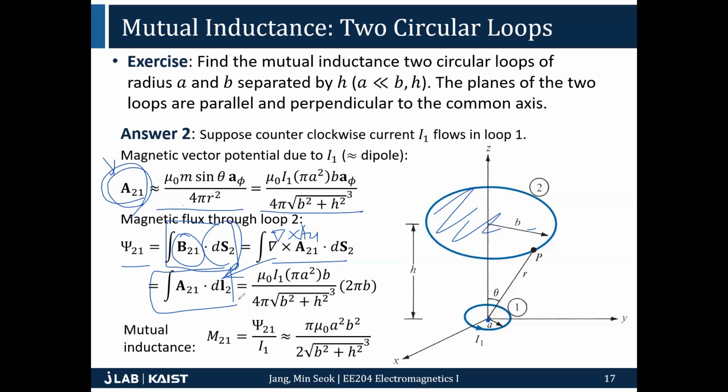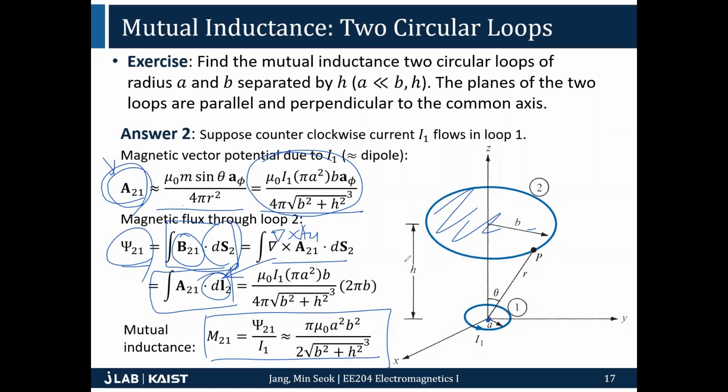So A dot dl, and A is given, and dl is given. So in this case, you can easily evaluate psi 2-1, and you get to the same conclusion. Okay, so M12 and M21 are the same.